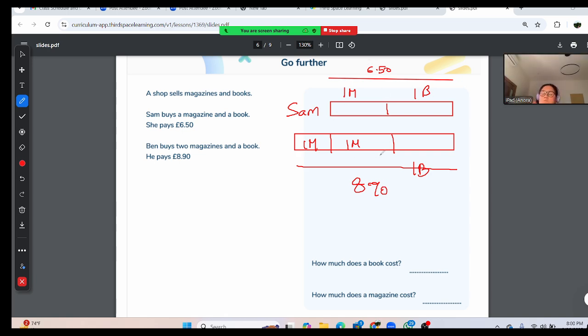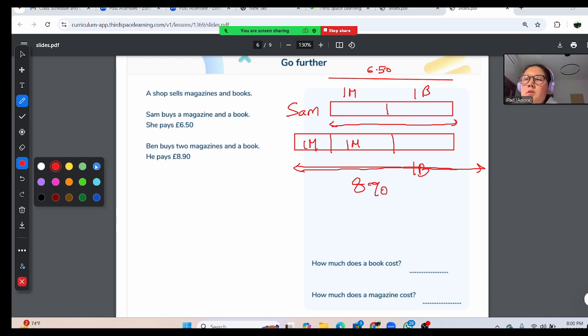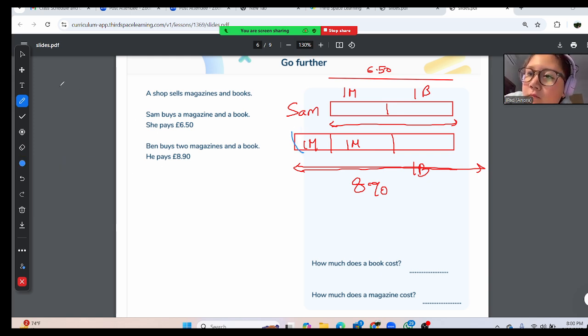So if I subtract this much from this whole, what would be the leftover that I would get? I would get this part, right? If I subtract, I would get this part. Are you getting it? Yes. Okay, very good.